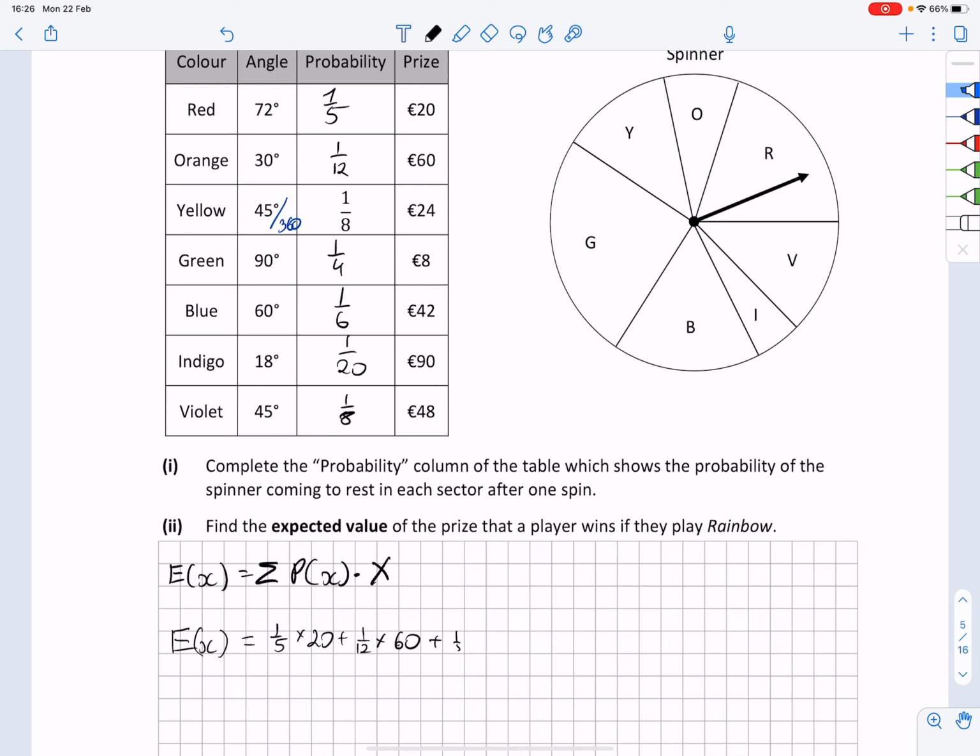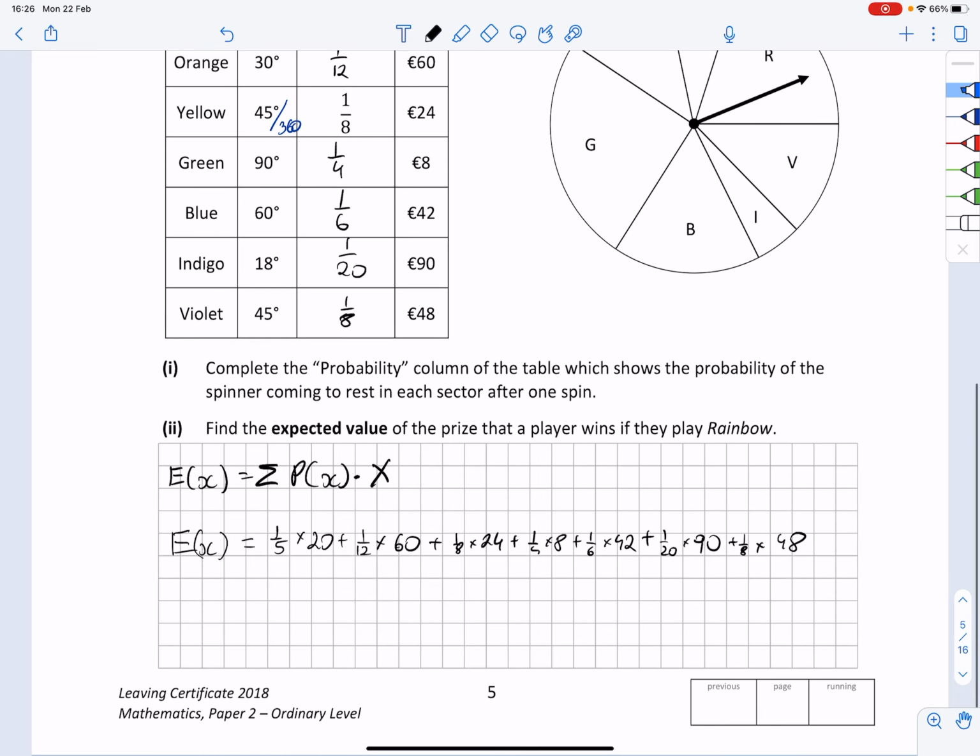So 1/8 by 24, plus 1/4 by 8, plus 1/6 by 42, plus 1/20 by 90, and finally plus 1/8 by 48. So when we calculate that, we're going to end up with the following expression.